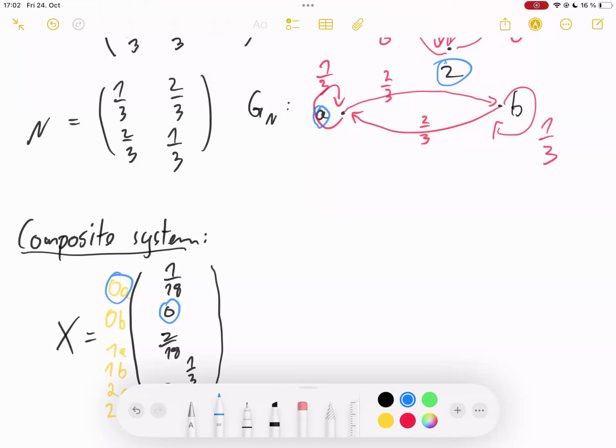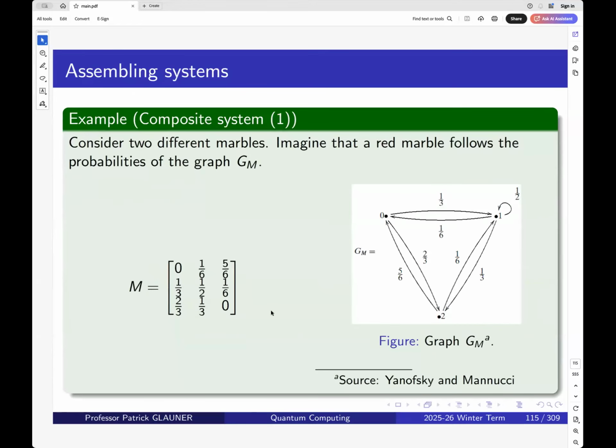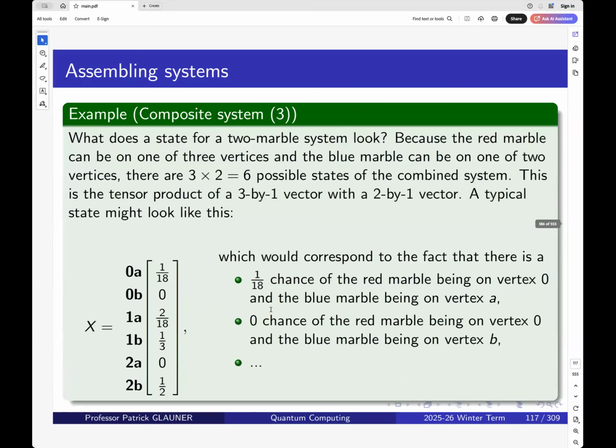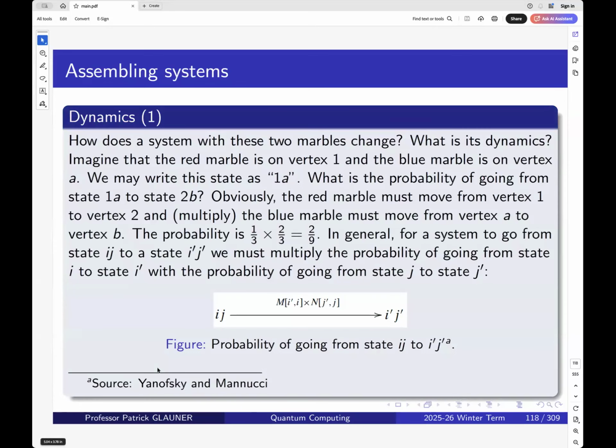Now we will switch to my slides. We have just looked at these 2 systems and we built the composite system now. We've seen one example state here. Now, how do I actually build such a composite system?